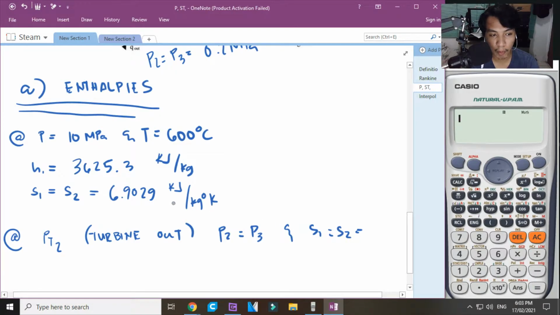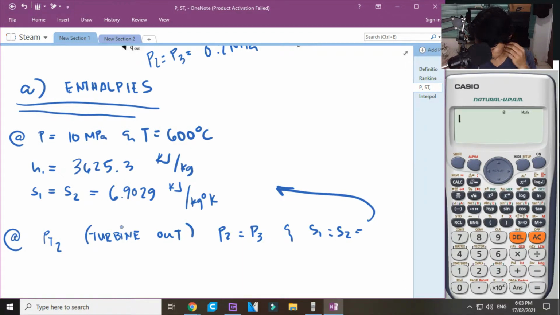Where S2 is simply, let us find it in the saturation table. Where can we find that? SF2, and then SFG. Look in table 2. Go to your table 2. Table 2? At 0.2.